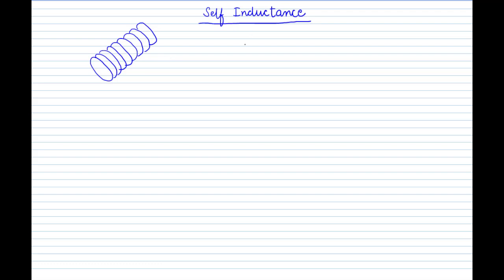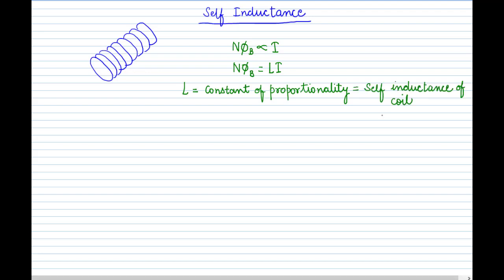So if there are capital N turns in this coil, then the magnetic flux of all these capital N turns is proportional to the current I which is flowing in the coil. And in order to remove this proportionality sign, we introduce a constant, and this constant we call L. This L is the self-inductance of the coil, the constant of proportionality.